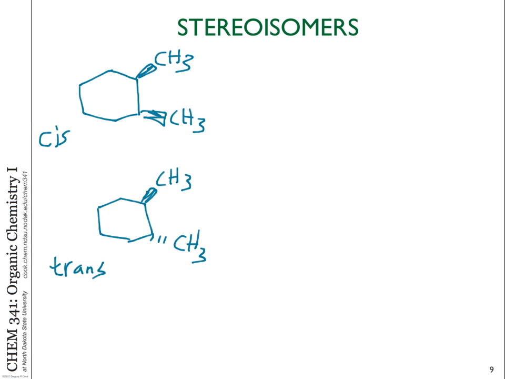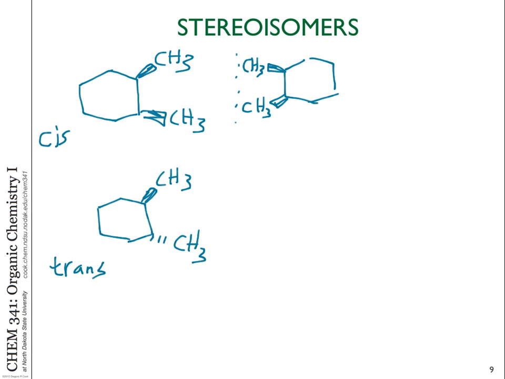Okay. Let's take a look at their mirror images. Okay, that's the mirror image for the cis isomer. What's the relationship between those 2 molecules? Meso. This is a meso compound.